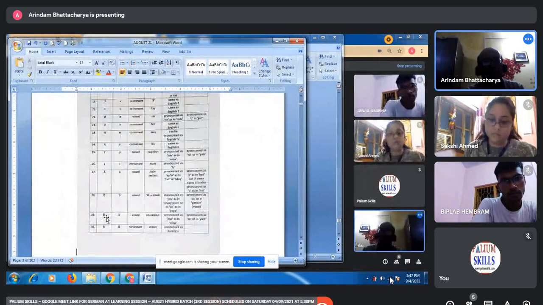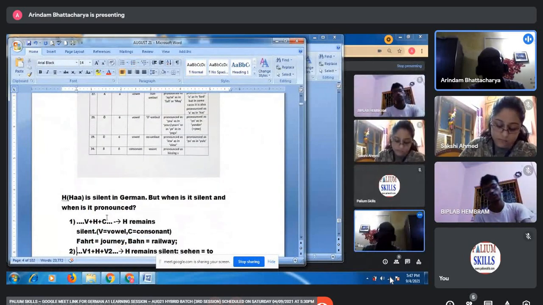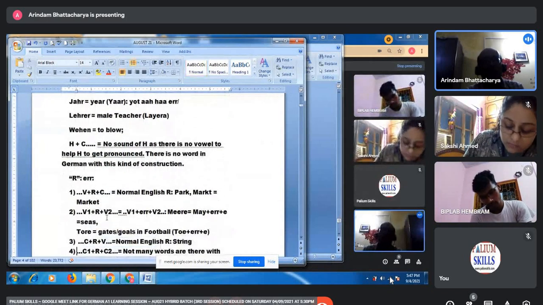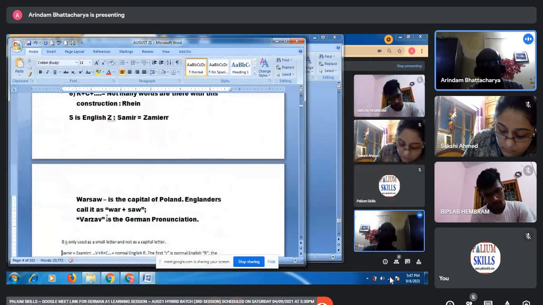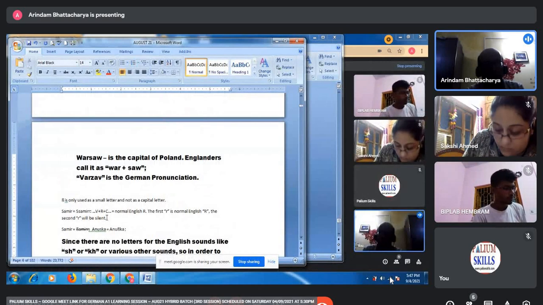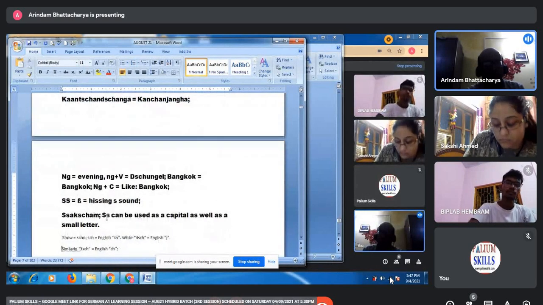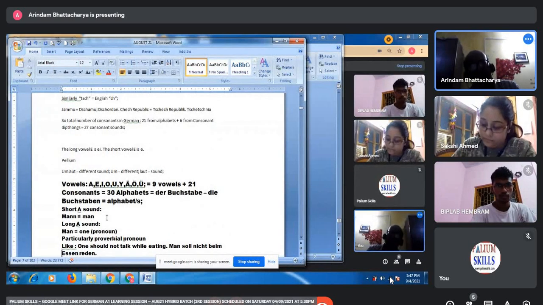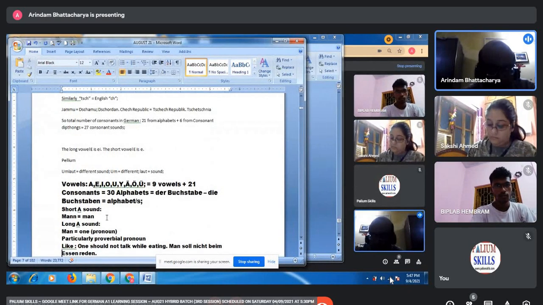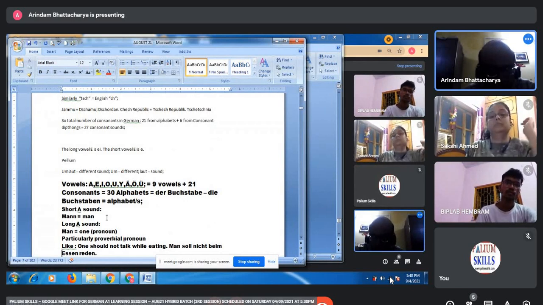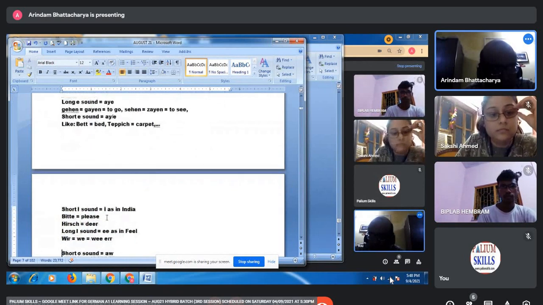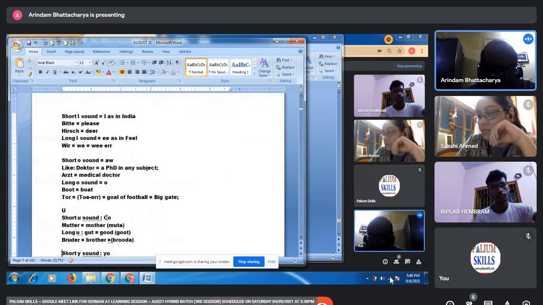We have done this. Now the second chapter is alphabets and pronunciation. So I'll have to complete the pronunciation by the next day, which means I should complete everything in 2 days, so that all the other things will be easy for us to tackle in the next few hours.